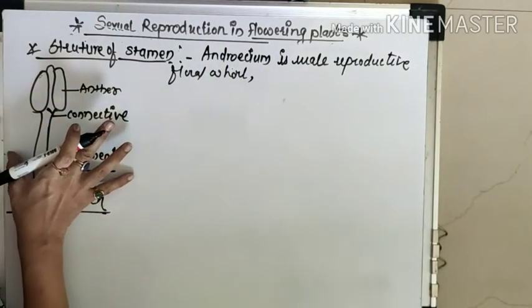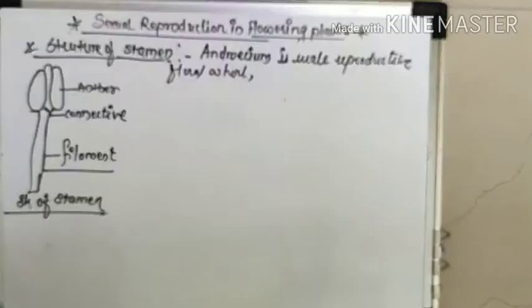The number of stamens is not fixed, not always 1, 2, 3.